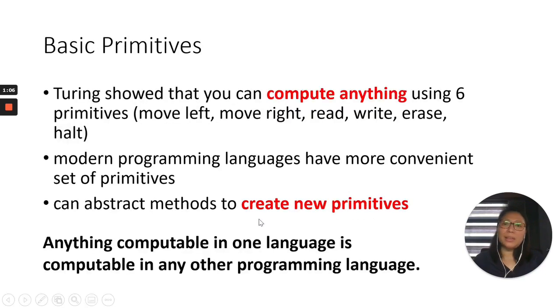And Alan Turing, a very great computer scientist, showed that we can compute anything using just 6 primitives. The 6 primitives are move left, move right, read, write, erase, and hop. Imagine that just with these 6 primitives, he proved that we can program anything.